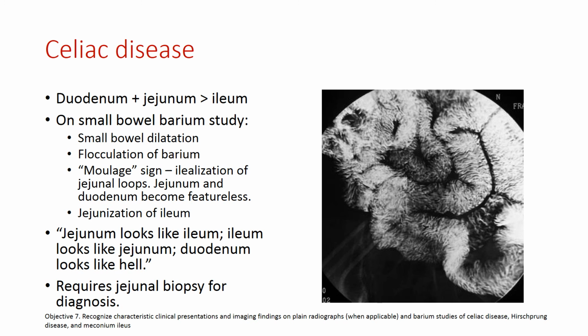In response to that, the ileum says, we're not absorbing nearly enough nutrients up in the jejunum, so I need to get more surface area here. And so the ileum creates a lot of folds itself. And this is called jejunization of the ileum. Or as one of my attendings used to say, the jejunum looks like the ileum looks like the jejunum, and the duodenum just looks like hell.